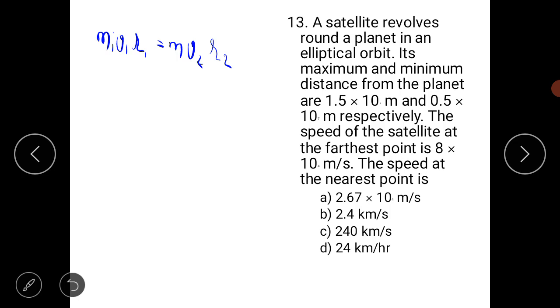The mass of the satellite does not change, so the mass is the same.